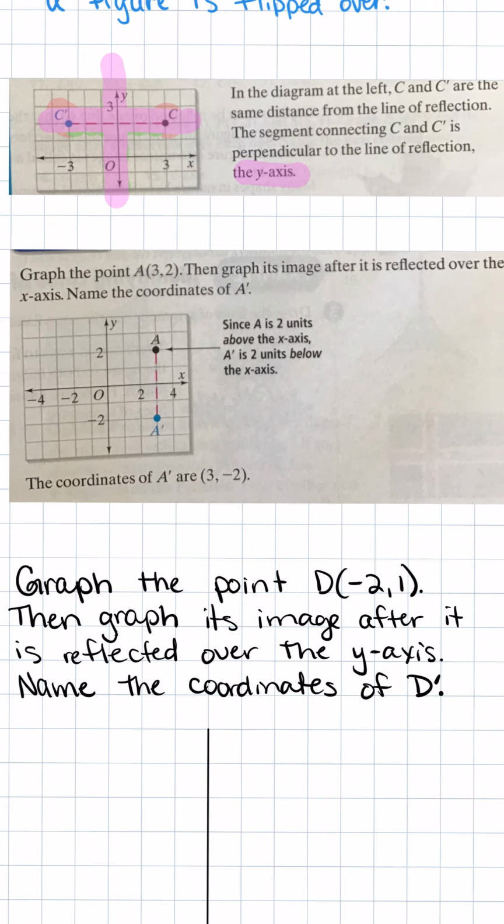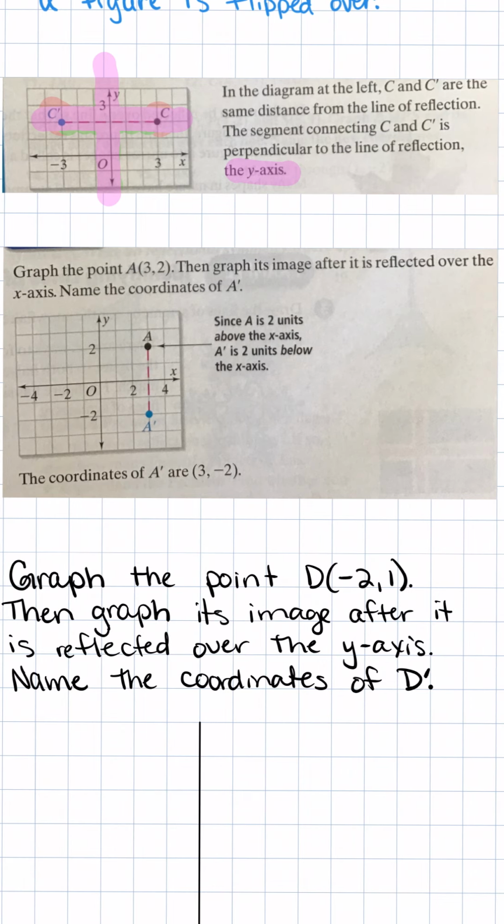So if we were to look at this chart, A has the points 3, 2, right? Goes over 3 places, up 2. Then graph its image after it is reflected over the x-axis.